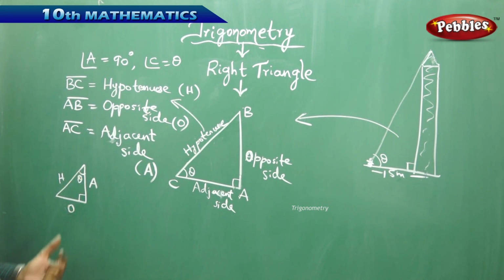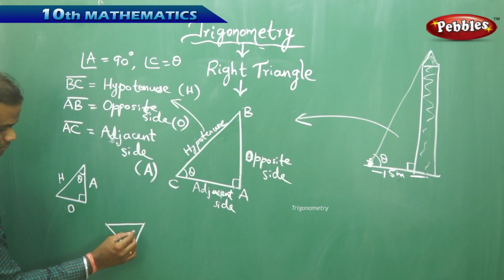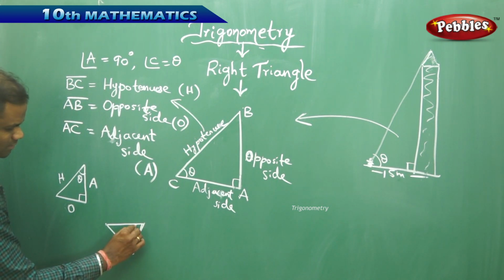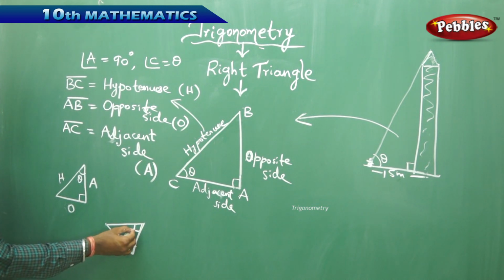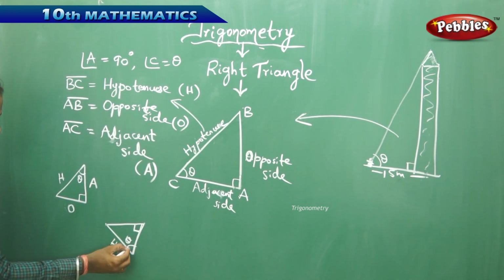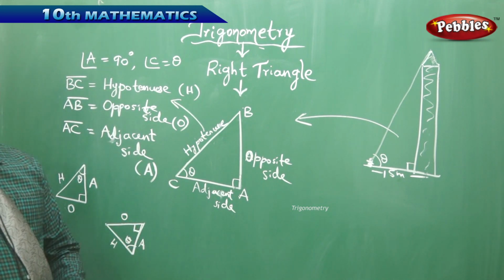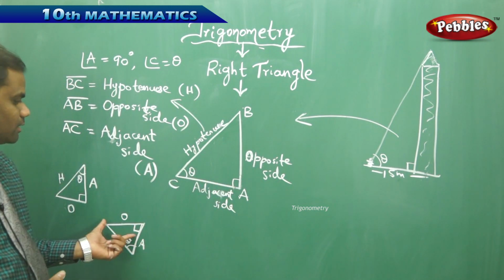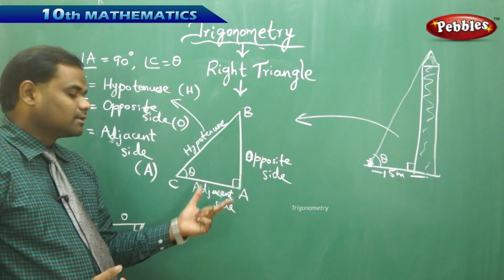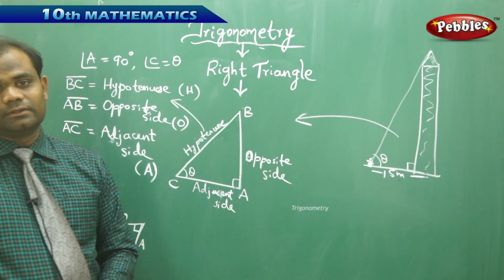Suppose I have another triangle where this is 90 and this is theta. Then opposite to 90 degrees is the hypotenuse, opposite to theta is O, and this is adjacent. This is how we understand right angled triangles taken in different forms, finally giving us the opposite side, adjacent side, and hypotenuse.